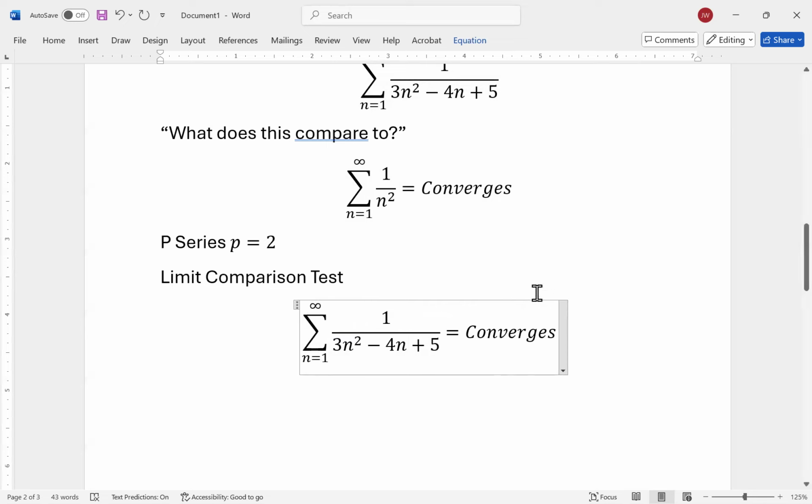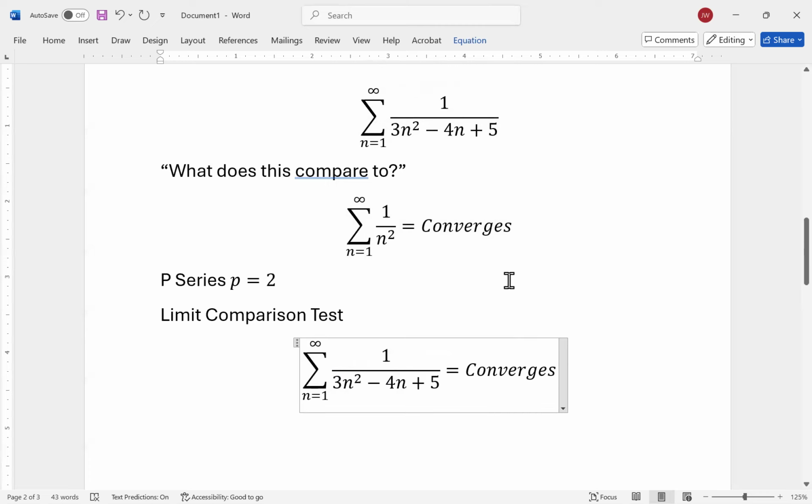Now, some people actually go and do the hard work of finding the limit of these two ratios. So when I say two ratios, I mean the a sub n over b sub n or b sub n over a sub n. So the arguments inside are the things that are being added up.